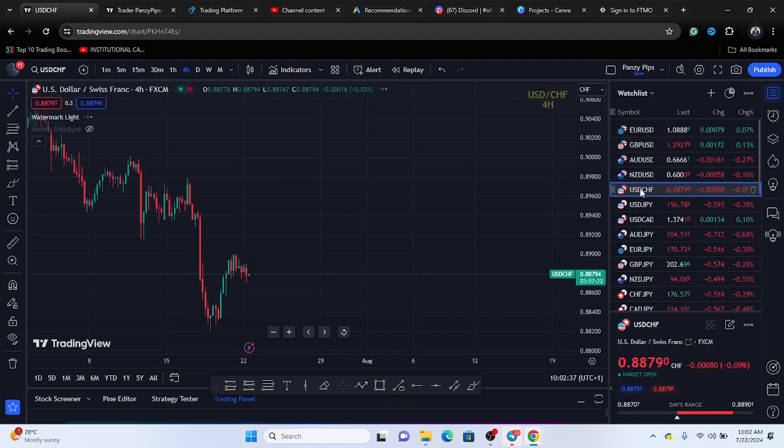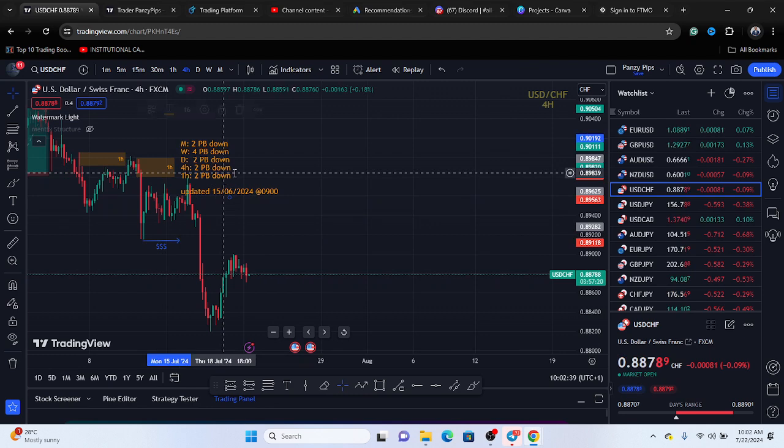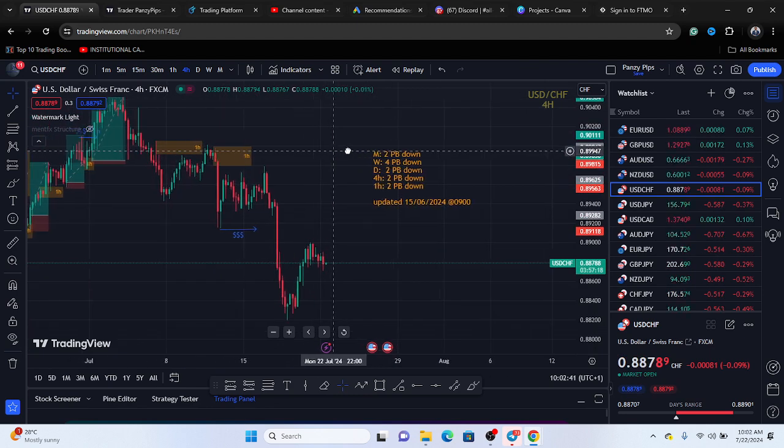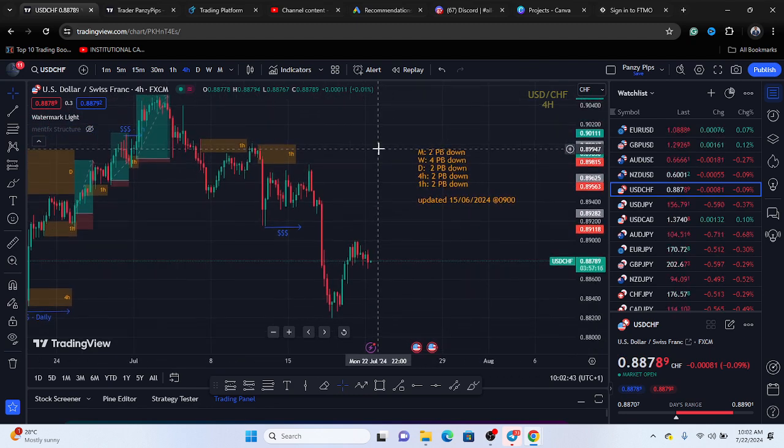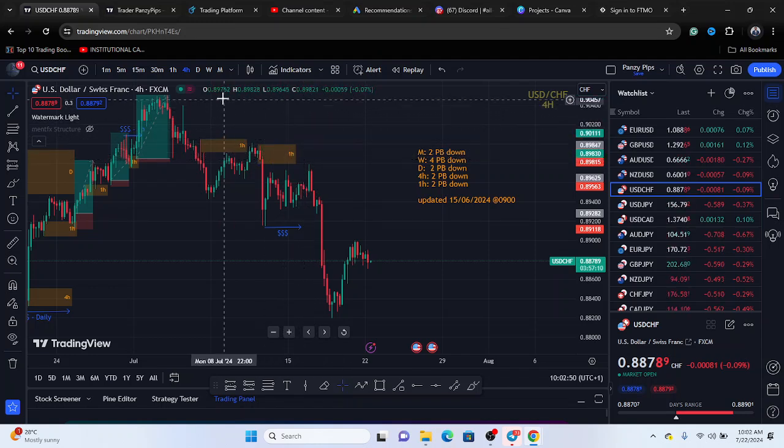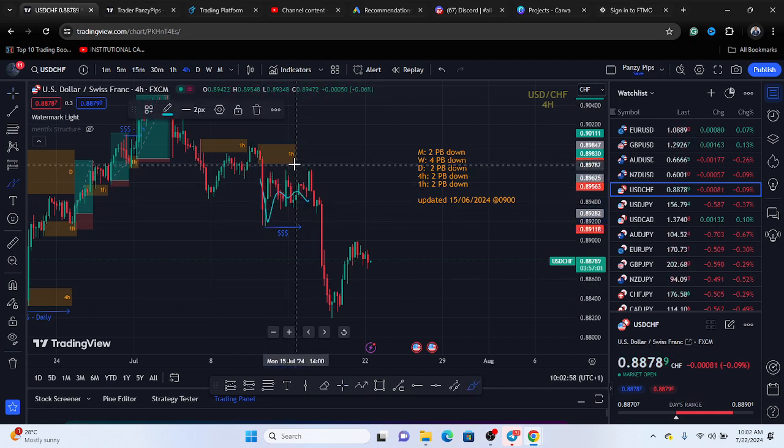Let's look at the dollar Swiss. Okay, on the 1-hour we had expected price to come into this zone. Expected price from this high to come into the zone here, and then from there go all the way down here.